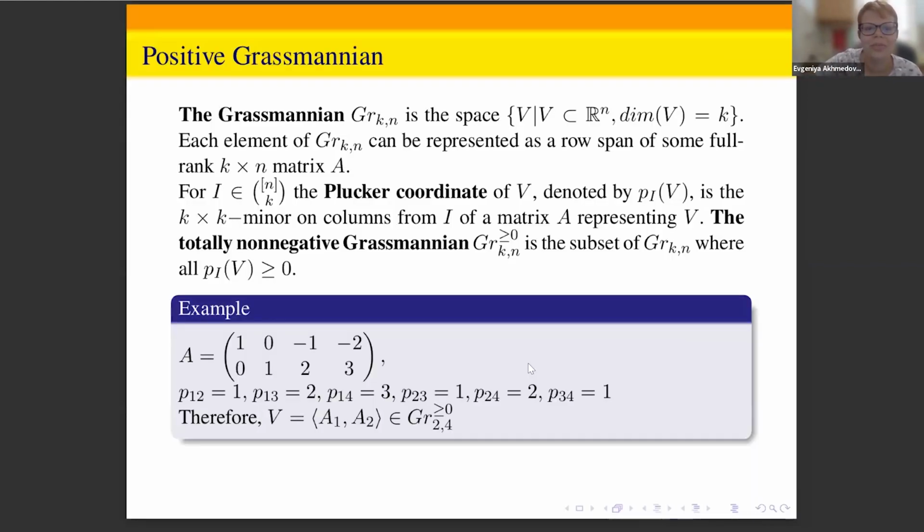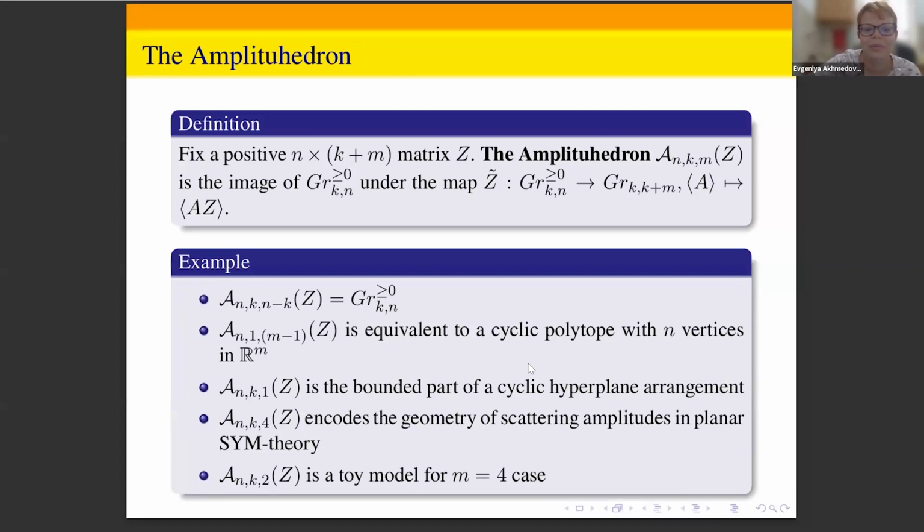So I'm skipping over the positive Grassmannian and the amplituhedron, and here I will just say which cases we will be focusing on. So the case m equal 1, k equal 1, where we have the cyclic polytope in the regular case, we would get a tropical cyclic polytope, and then some of the results are for general n, k and m.